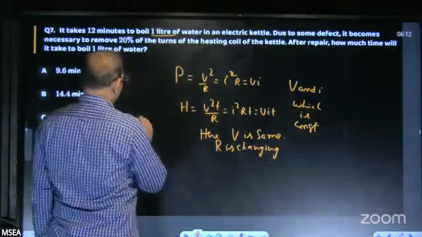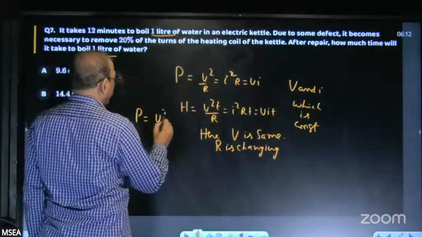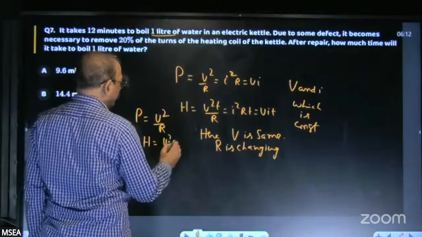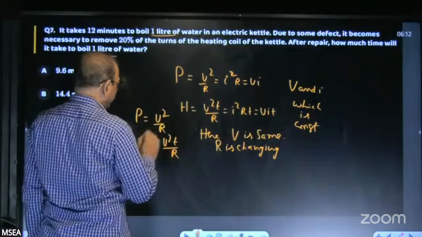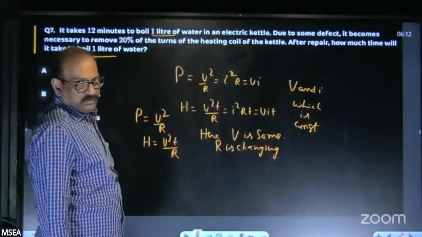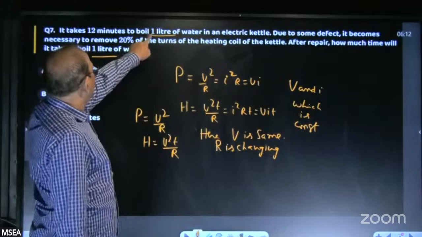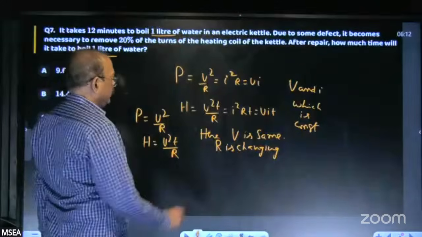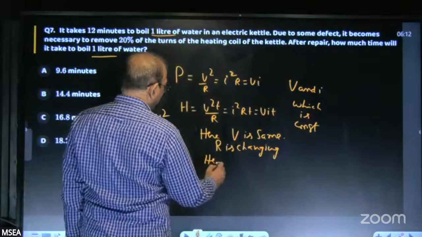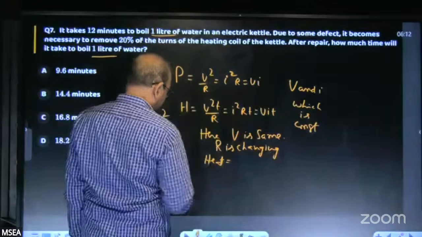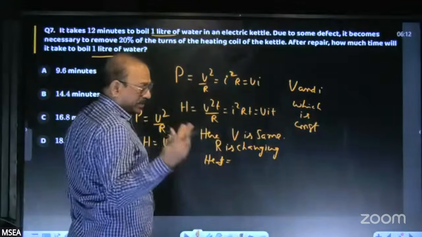So power equal to V square by R. Heat equal to V square T by R. This you have to use now. Now to boil water, what is the amount of heat required to boil water in calorimetry?